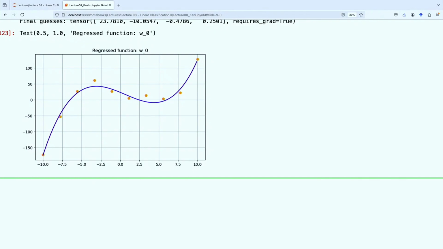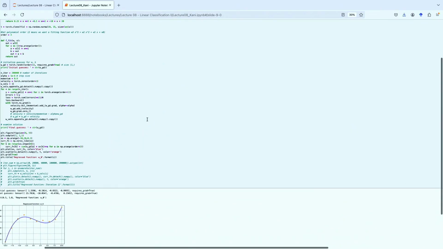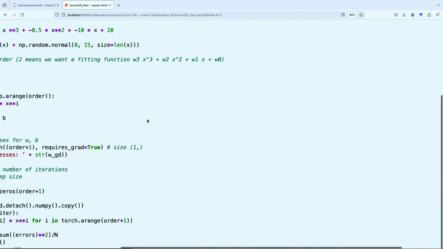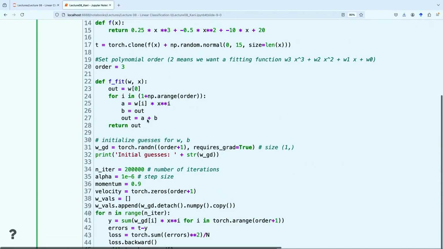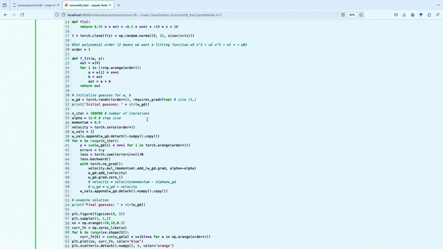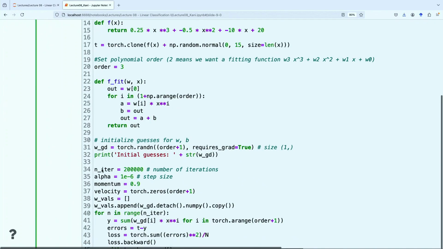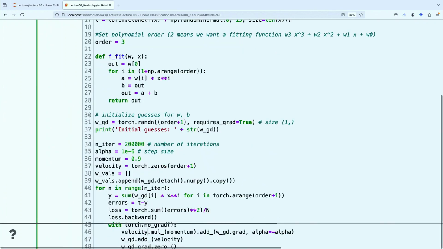Make sense? Okay, good. I think that's kind of neat. The same thing, gradient descent is pretty robust, although again, you probably need the velocity, you need the momentum a bit to stabilize it. I just get tired of constantly writing that, so I always try to do the simple approach first.